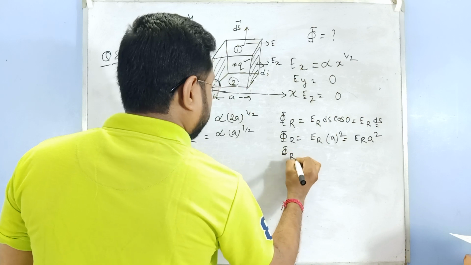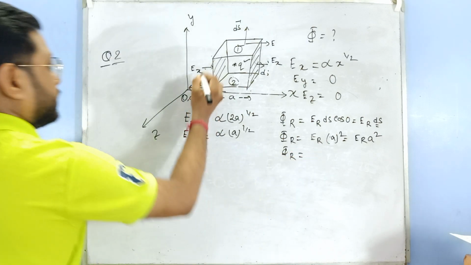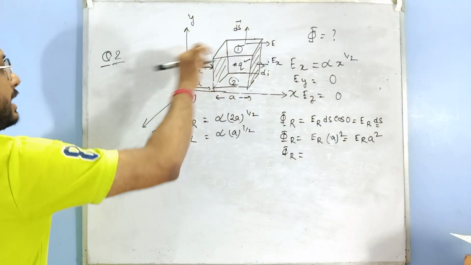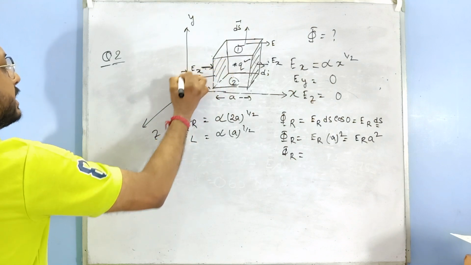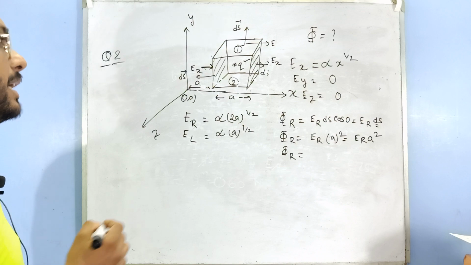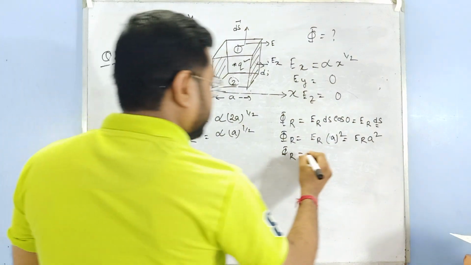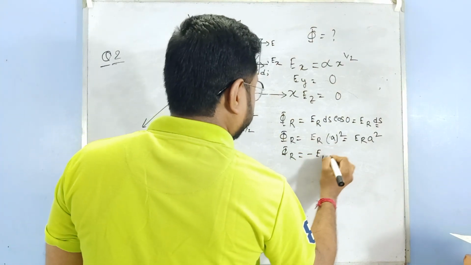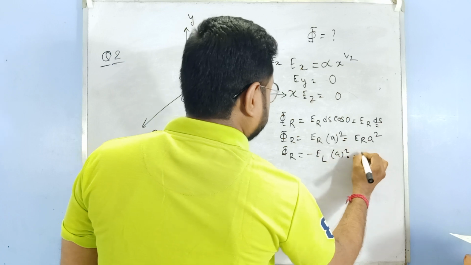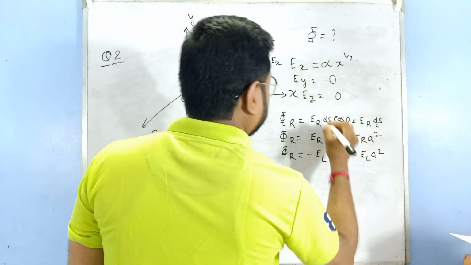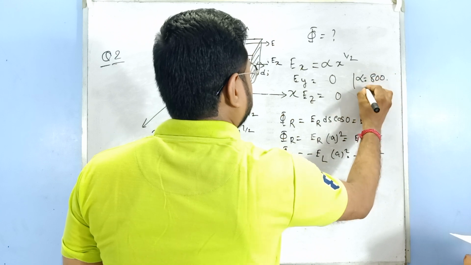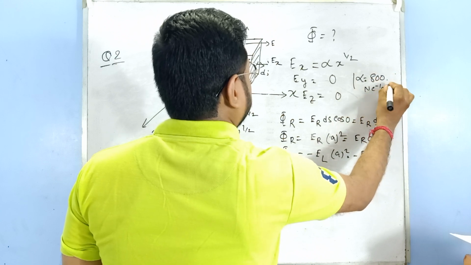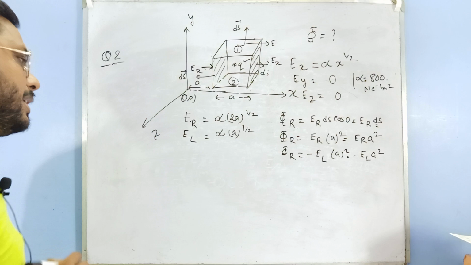Then we can get phi R equal to ER a square. For the left, the value of E is along rightward, but the area vector dS is along the opposite direction, so theta becomes 180 degrees. So we get minus EL a square. Here the value of alpha is 800 newton per coulomb per meter to the power half.